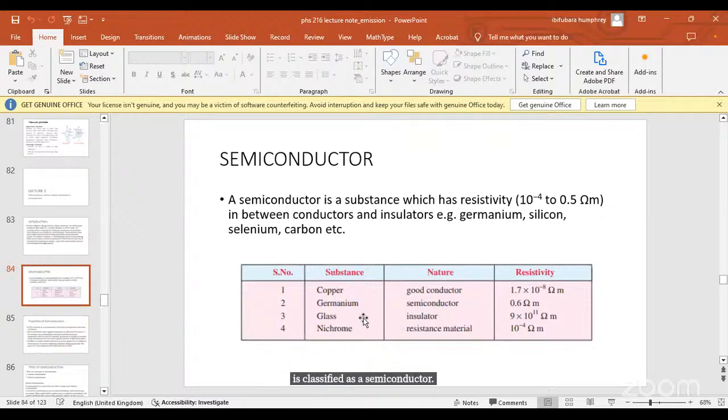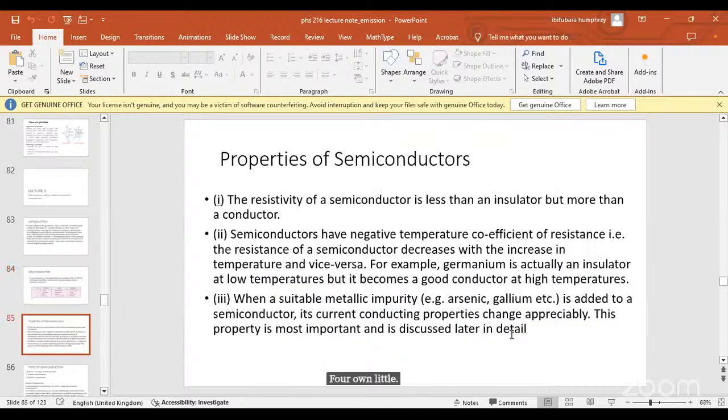And then glass is an insulator which has a resistivity of 9 × 10¹¹ ohm meter. Nichrome is a resistant material which has the resistivity of 10⁻⁴ ohm meter. Now, some properties of semiconductors.